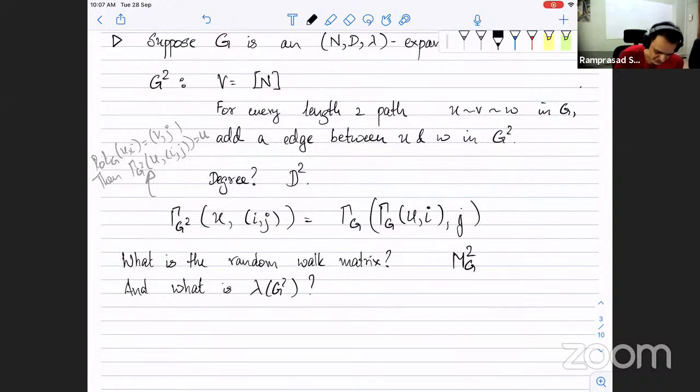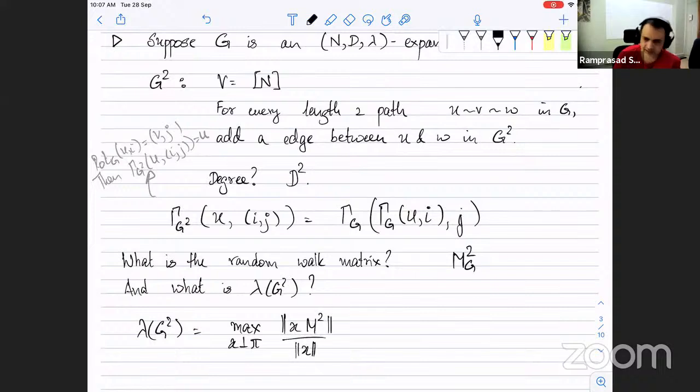Let's just look at the definition. What is lambda of G squared? This is the max over all x perpendicular to the stationary distribution of the norm of x M squared over the norm of x. Like, how much is the vector shrunk? Let me write it as x M M. The first operation, x M, will already shrink that vector by a factor of lambda.